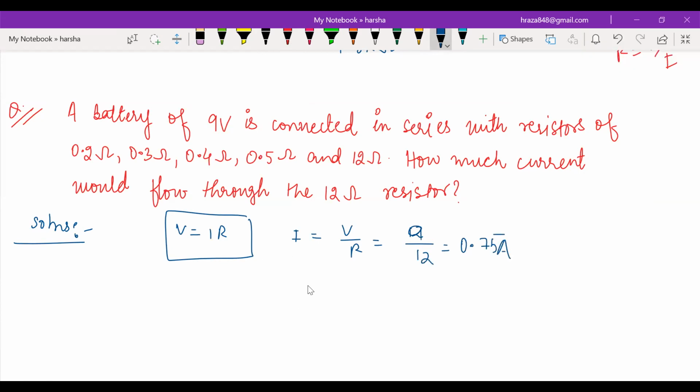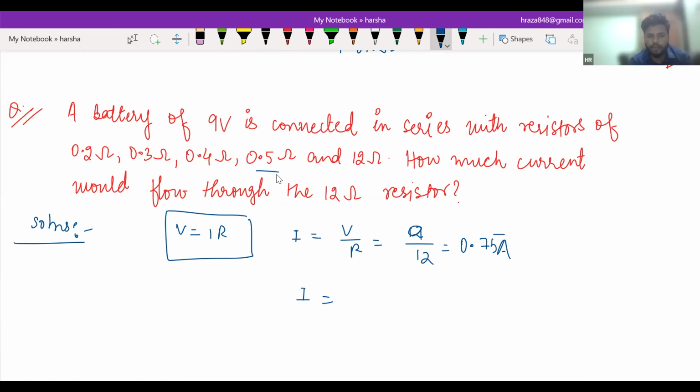Again, if you apply this formula for 0.5 ohm, it will be 9 by 0.5, which equals 90 upon 5. If you remove the decimal, it will be 90 by 5, and if you check it, it will be 18 ampere. Is it correct to have different currents in series combination?